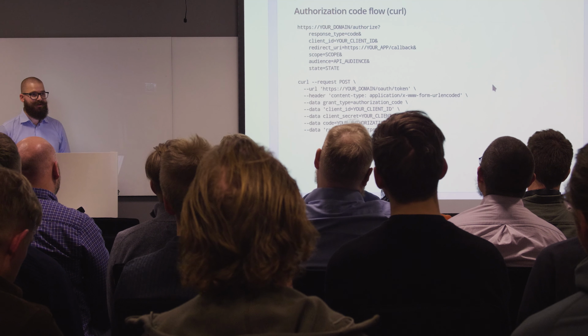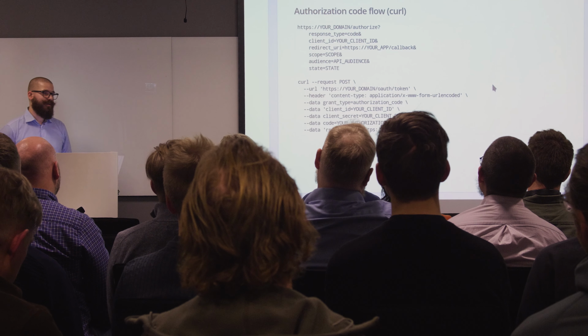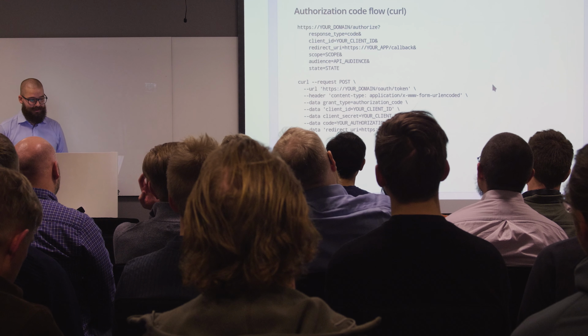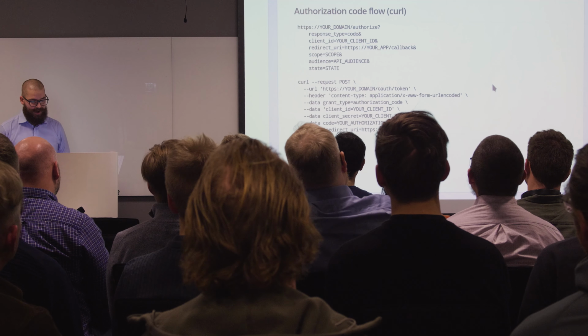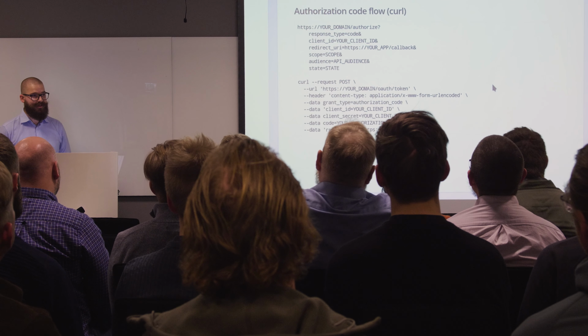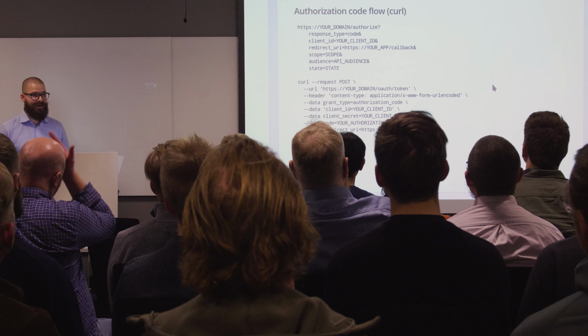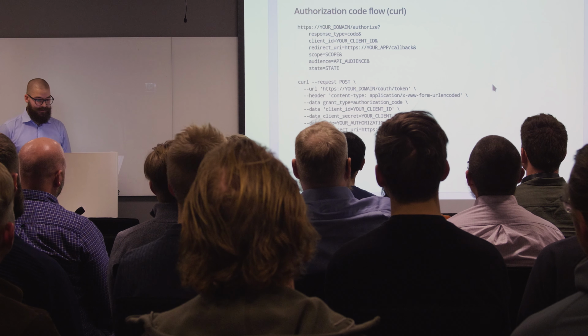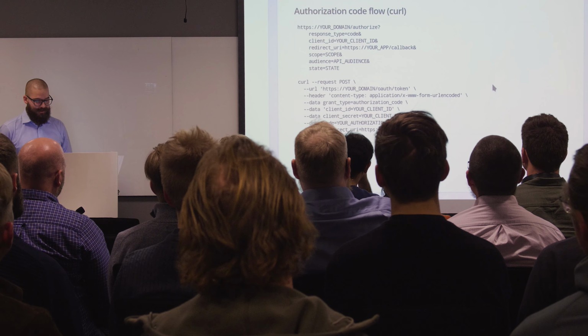Callback is how the authorization server should send the traffic back to you. And in this case, you're also able to specify the audience. It's usually not a requirement, and a state. And a state is used to actually verify that you get the response from the correct party, and that is combined with the correct flow.